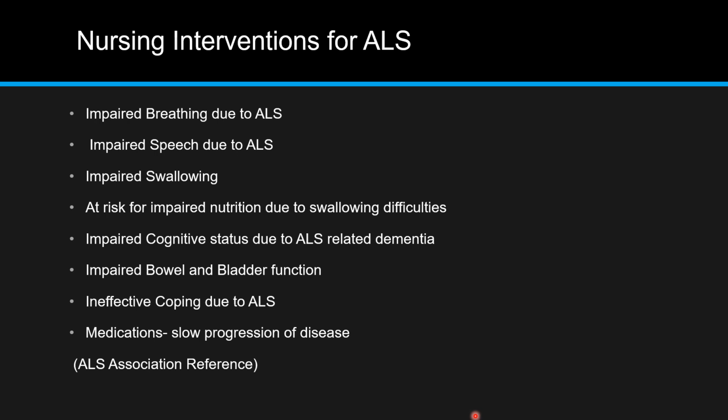Lastly, there's medications. There are currently 4 medications that the FDA has approved for the management of ALS. While none of these drugs can completely halt the progression of the disease, they have been shown to extend life. The 4 drugs include riluzole, edaravone, PB-Tirzo, and tofersen. Each of these drugs targets different aspects of the disease, but all promise to slow the progression.